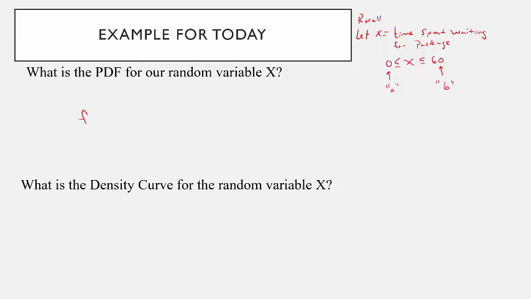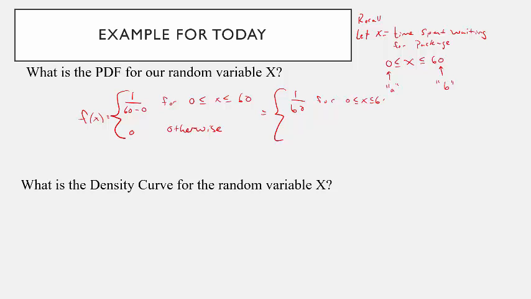So my probability density function, a piecewise defined function, is 1 over b minus a. So it's 1 over 60 minus 0 for x between 0 and 60, and it's 0 otherwise. You can clean this up if you want. So it's just 1 over 60, because 60 minus 0 is 60, for 0 less than or equal to x less than or equal to 60, and it's 0 otherwise.